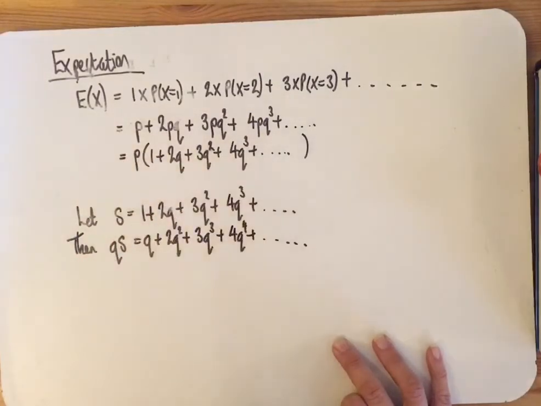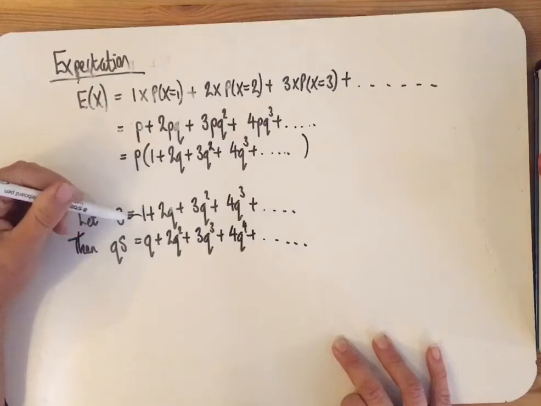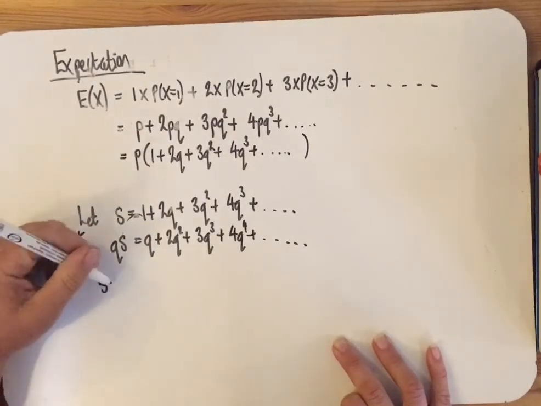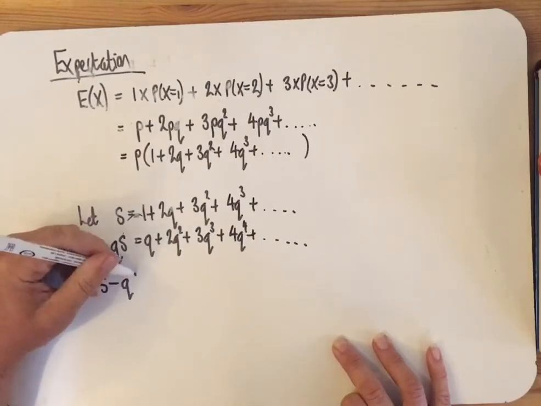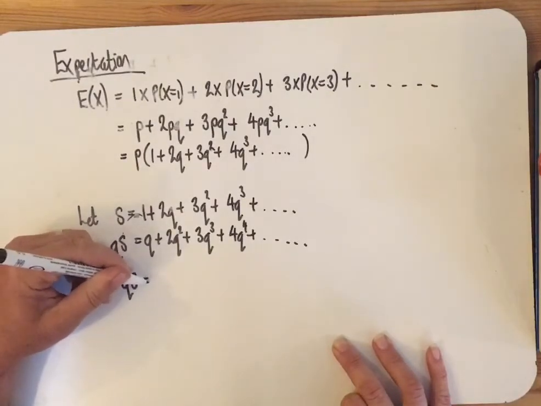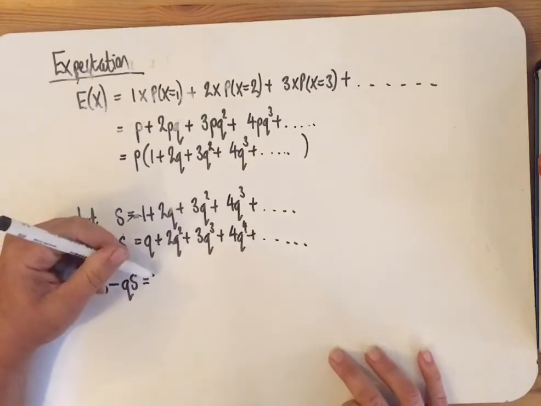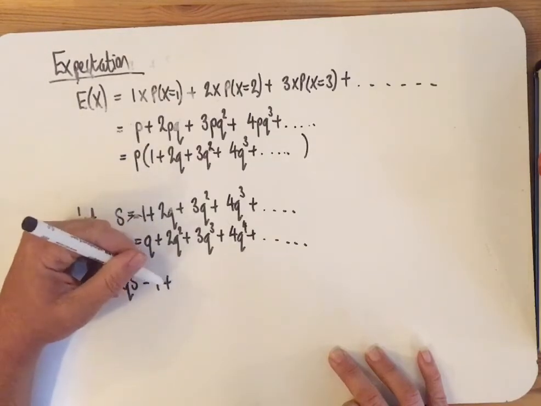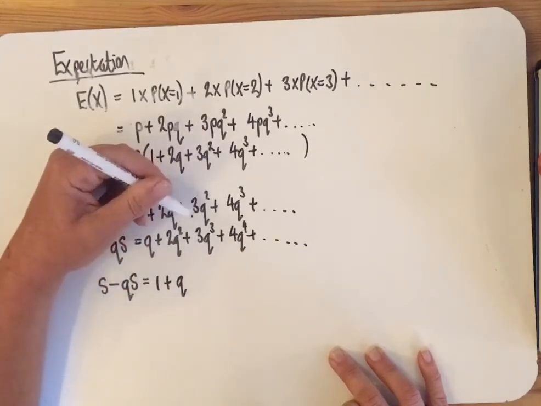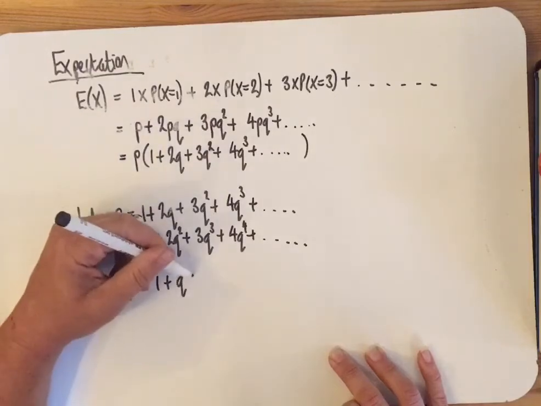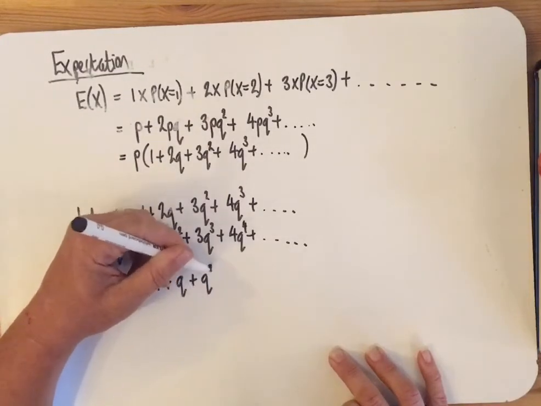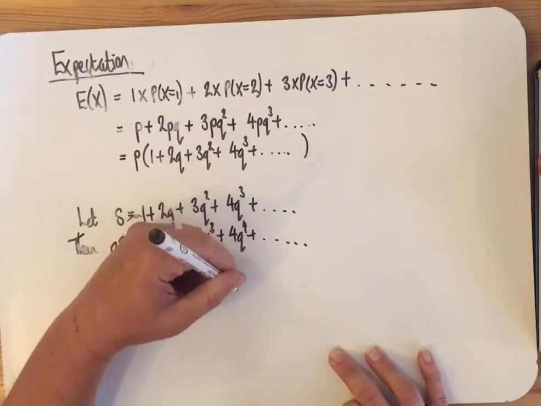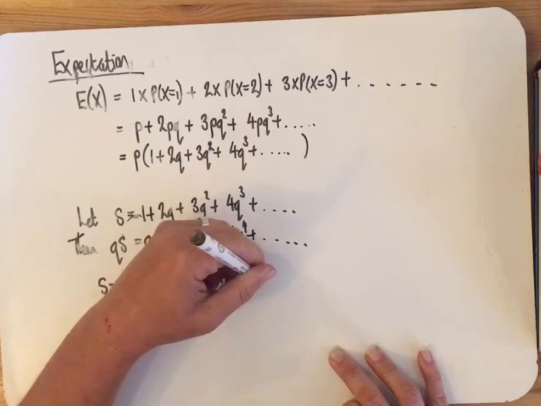And then I can do the first minus the second, so I can do S minus qS. And that will give me 1. 2q minus q is q. 3q squared minus 2q squared is q squared. 4q cubed minus 3q cubed is q cubed, and so on.